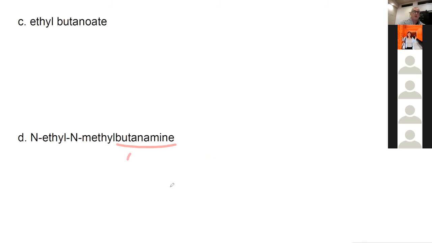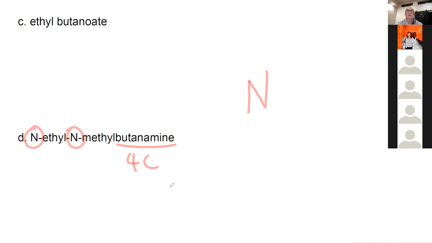So this has 4 carbons and it's got 2 constituents, a methyl and an ethyl. And where are the methyl and ethyl bonded to? To the amine. Nitrogen. To the nitrogen, right. So how many things does the nitrogen have attached to it? 3. 3, exactly. Excellent.